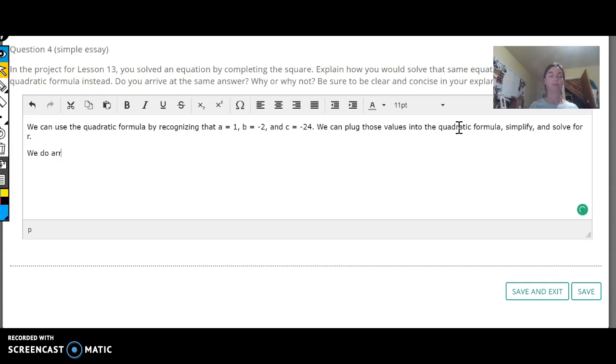We do arrive at the same answer. One of our methods would have had an error if we did not. It's a good strategy to check two methods.